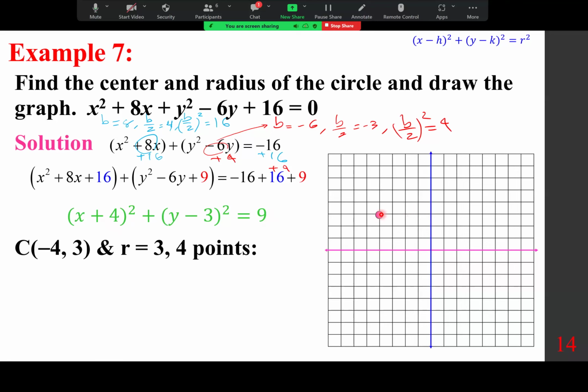We put them together, so somewhere here. Now, from the center, you are going to go R units, 3 units, up and down, left and right.